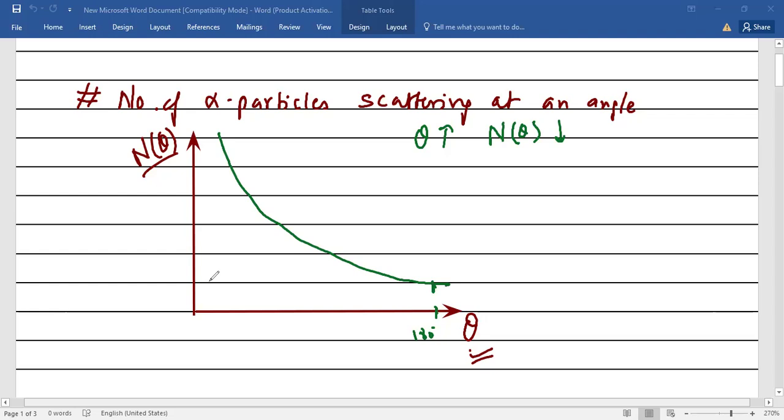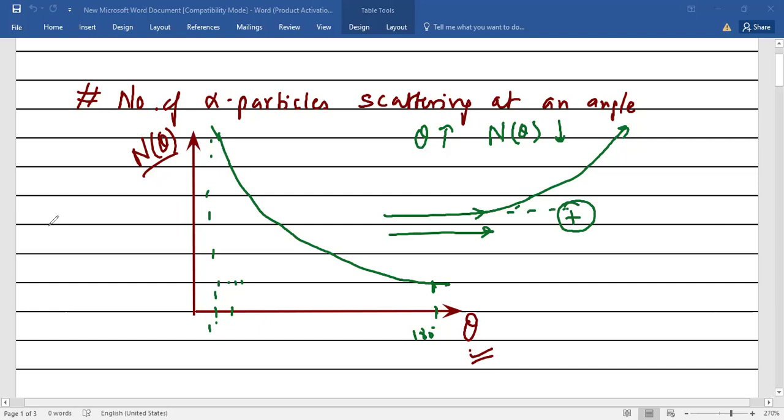Whereas if you look at a very small angle, maybe 1 degree, 2 degree, you will see lots of particles got scattered. Scattering means this: if this is the nucleus and the alpha particle is going this way, it gets scattered.